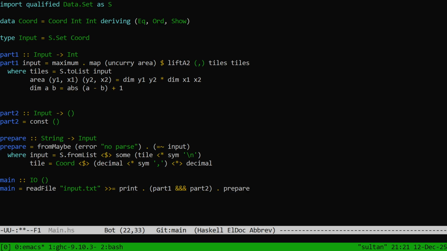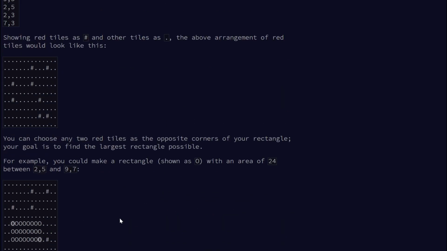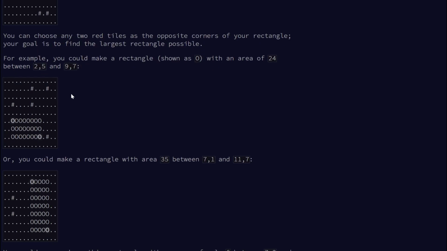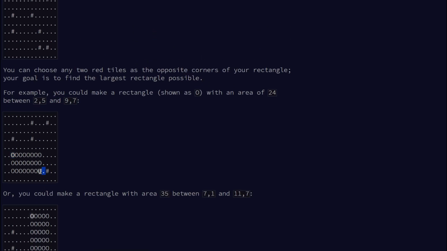I think that's how they define area, right? In the large rectangle 0, area 24. Yeah, so these are the two corners, and they only differ in y by 2. 5 and 7. But the height is supposed to be 3. So we're adding 1 to the delta between them.